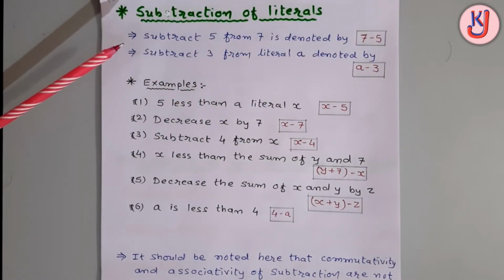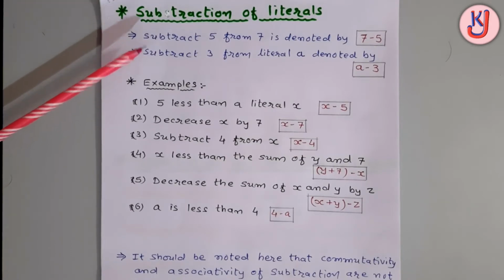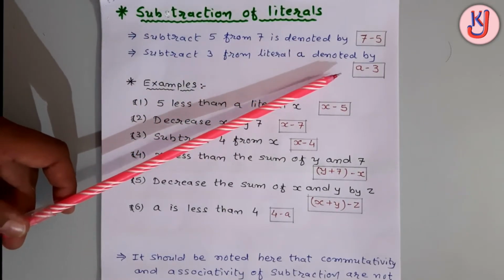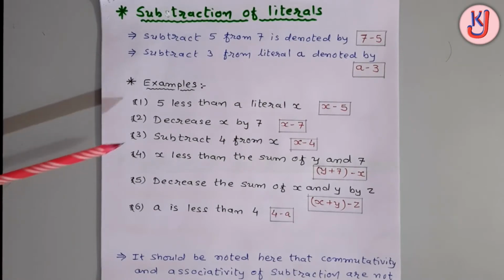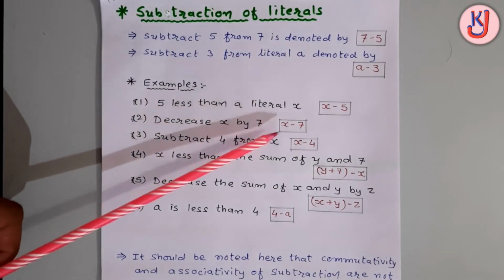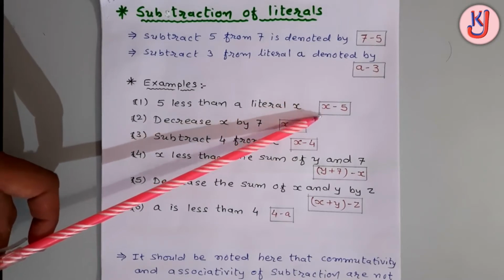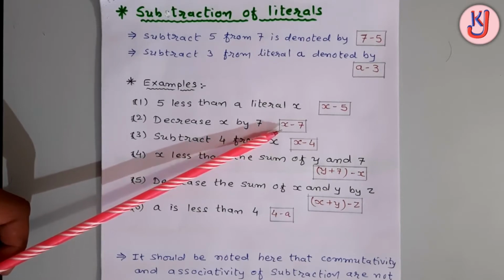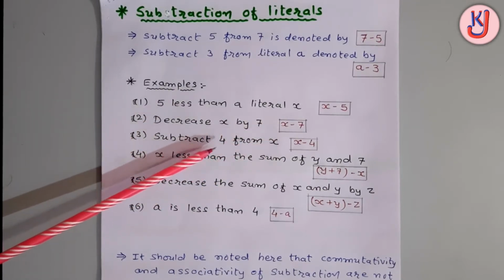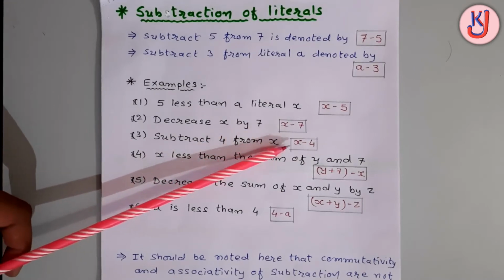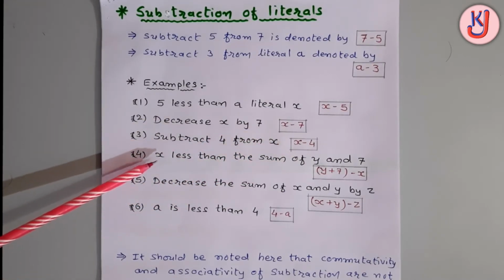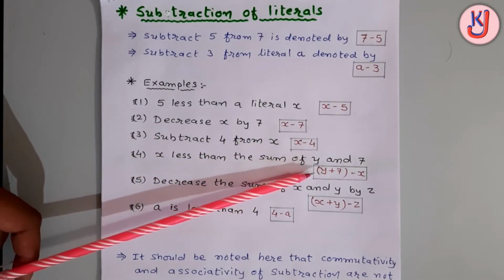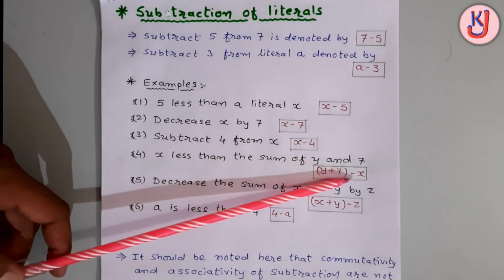Exactly in the same way, when we are asked to subtract a number 3 from a literal a, it is denoted by a minus 3. 5 less than a literal x, we can write x minus 5, and decrease x by 7, we denote as x minus 7, and subtract 4 from x, we can write x minus 4. x less than the sum of y and 7, we can write like this, (y plus 7) minus x.